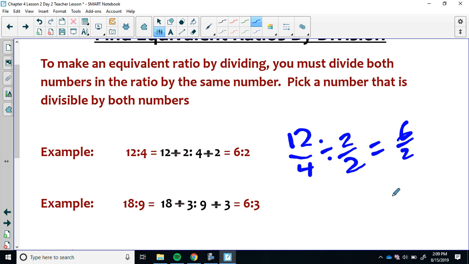If we have 18 over 9, or 18 to 9, because it's a ratio, divide them both by 3. As long as you divide the top and the bottom by the same number, you're going to make an equivalent ratio. 18 divided by 3 is 6. 9 divided by 3 is 3, excuse me.